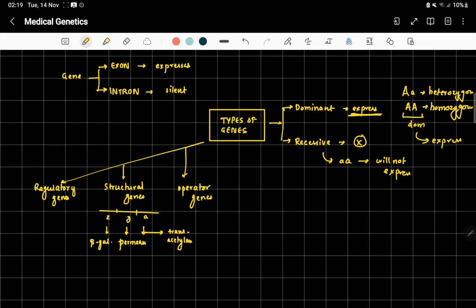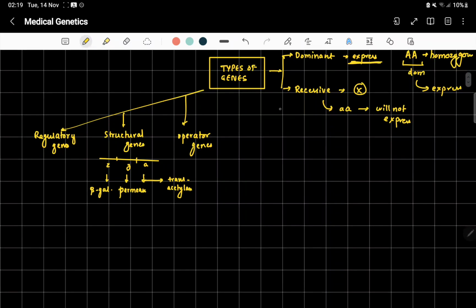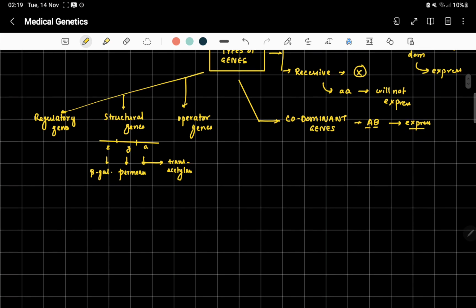Understood? Then there are co-dominant genes also, which are exceptions to Mendelian inheritance. Like AB, where A and B both will express concurrently.